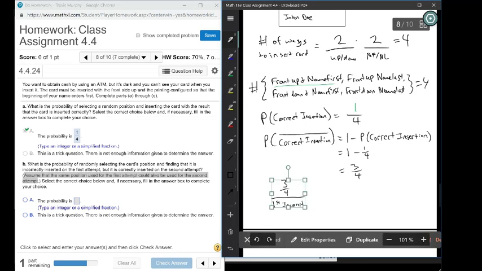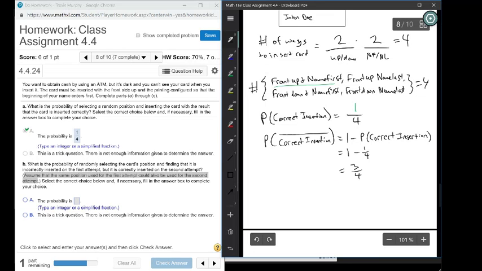Well, let me write out what we're trying to find the probability of. So the probability of first incorrect and second correct is, so first incorrect, you multiply the probabilities together because they're independent.